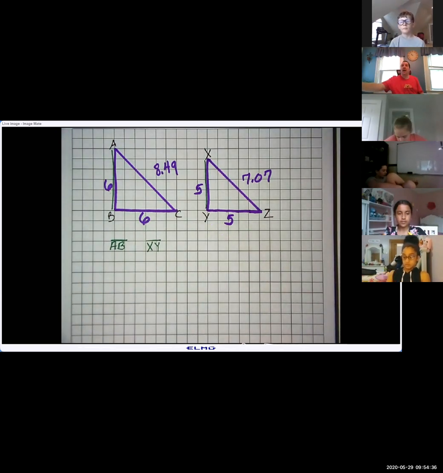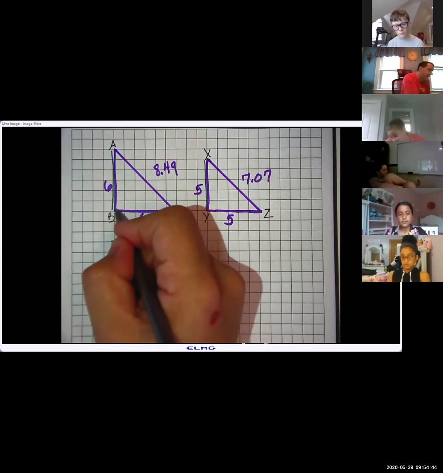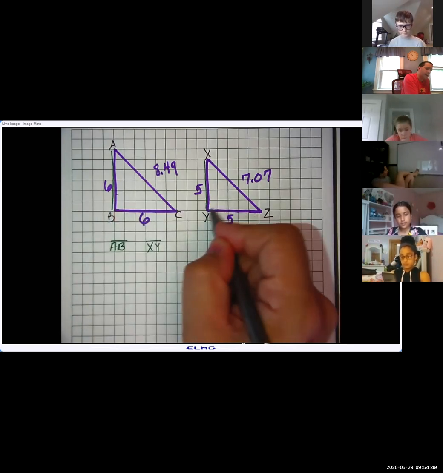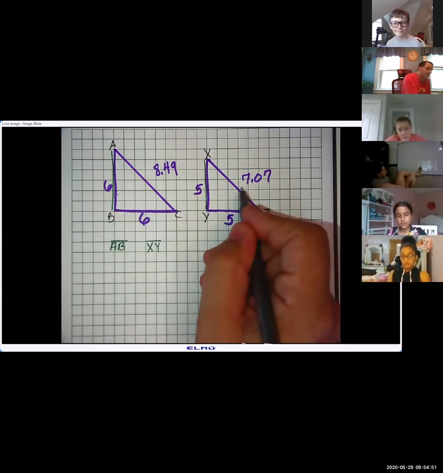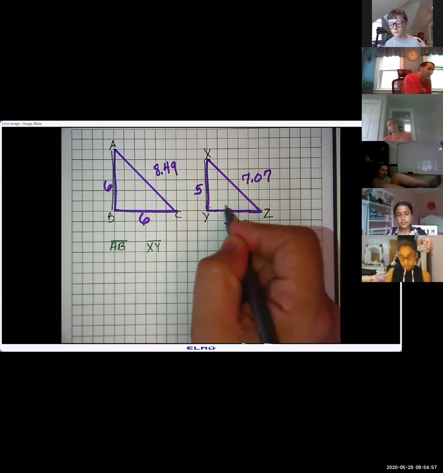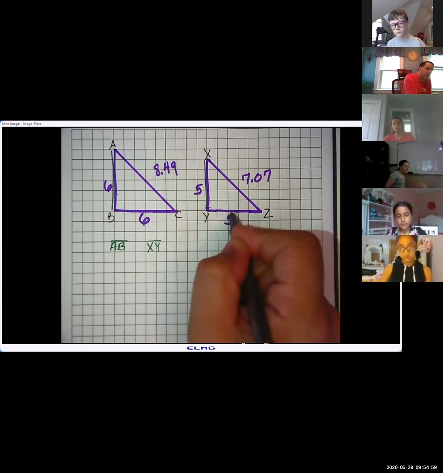Yes, their sizes don't matter. The part of the triangle matters. This side is right above your right angle, and this side is opposite your right angle. And this side is on the other side of the right angle.